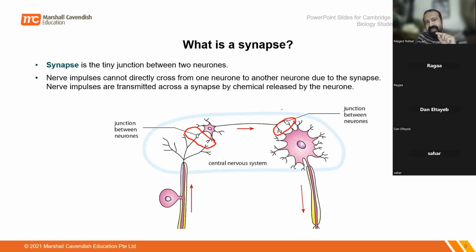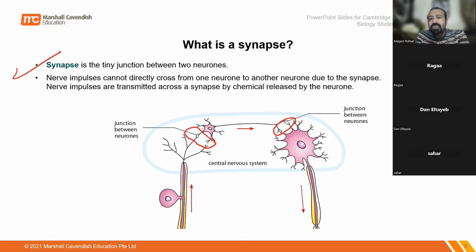By the way, this definition came before in many exams. What is the synapse? You'll say, sir, it was a 1 mark definition. Yes, it was a 1 mark definition. It is the tiny junction between the two neurons, the area in front of you. What is the main function of this part?